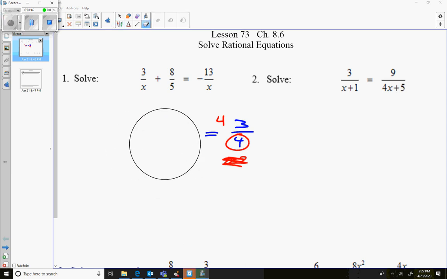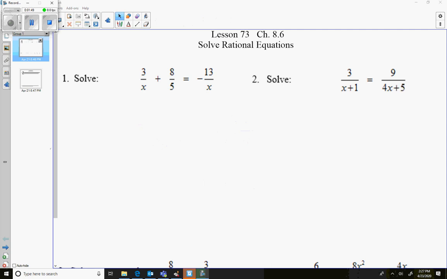So with all that in mind, we're going to follow that same idea with today's lesson, solving rational equations. But there is one extra catch that I want to point out before we get started, and that is you do have to pay attention to your final answer and make sure that it is acceptable.